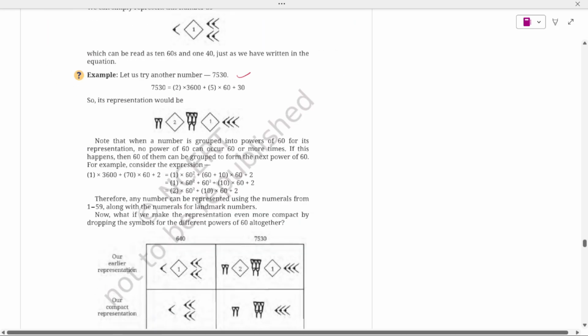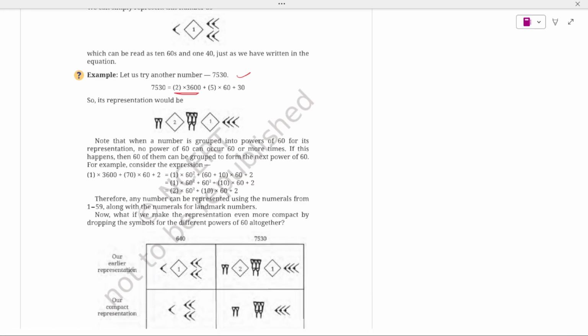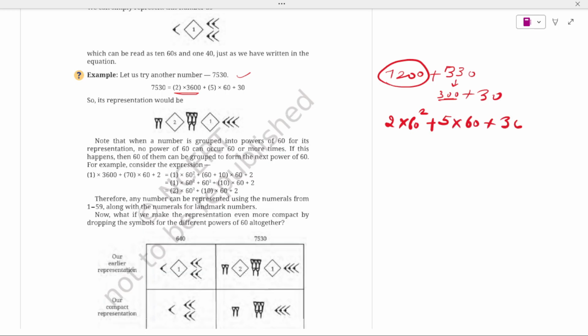Similarly, when we have 7530, the nearest number is 2 times 3600, because it will be 7200 plus 330. Then 330 further will be 300 plus 30. 7200 can be presented in the multiple of 60, so it is 2 times 60 square, plus 300 can also be presented as 5 into 60, plus 30.